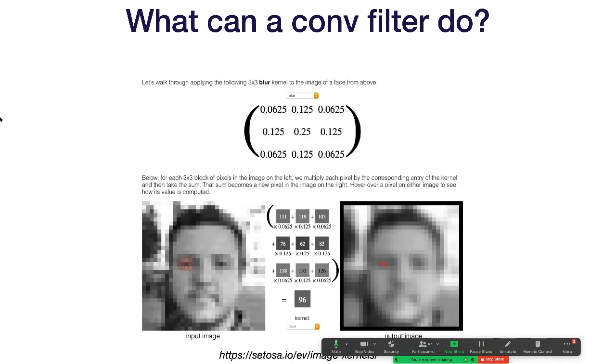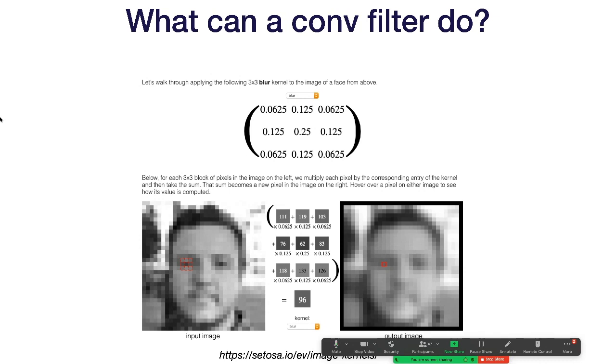Okay, so one question you might ask is, I understand that's an operation we can do, but what reason do we have to believe that that operation can do anything useful? And so convolutions have been used in computer vision for a long time and were popular even before deep learning.